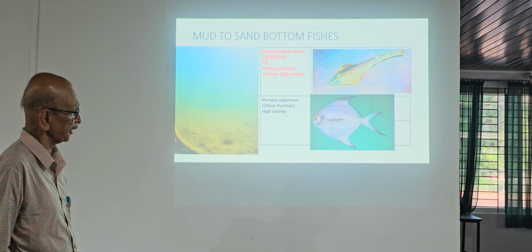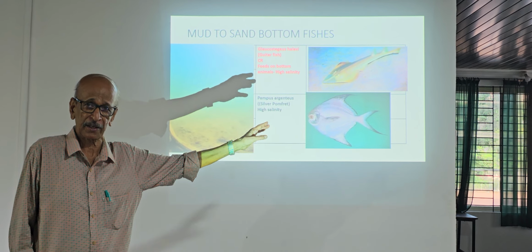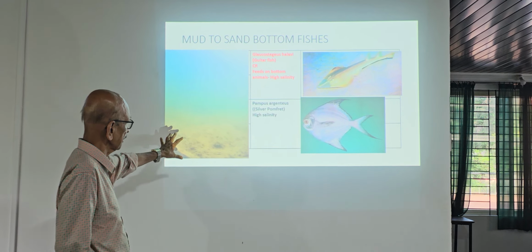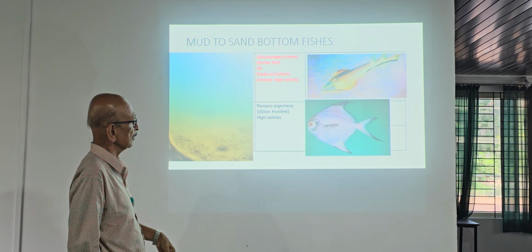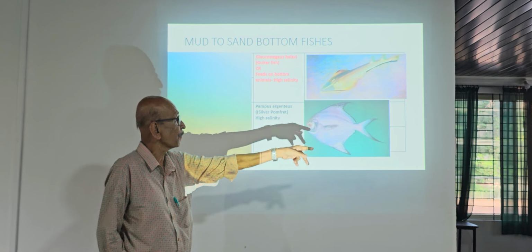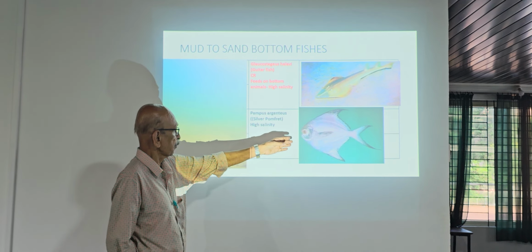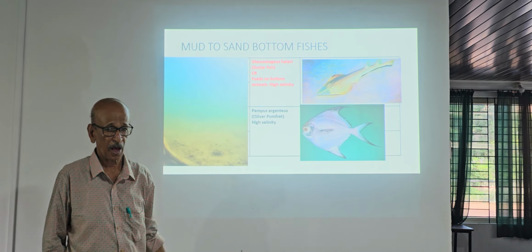It has a notable presence in the Aghanashini estuary, and it is a bottom living fish, and it's actually a marine fish which comes into the estuary. And silver pomfret, the Pampus argenteus.